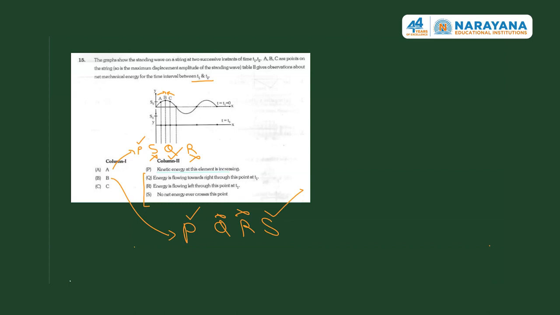Otherwise, the nature on either side of the antinode would be different, and that behavior cannot be different. And for C, I think all of us understand the behavior is exactly opposite to that of A, the only difference being that energy is moving in the leftward direction. So P seems right and R seems right. The rest of the options do not work. With the help of the idea that I discussed with you yesterday, that question can be easily taken care of.